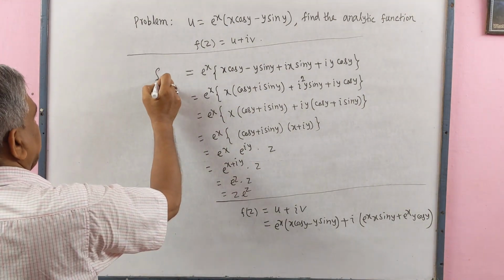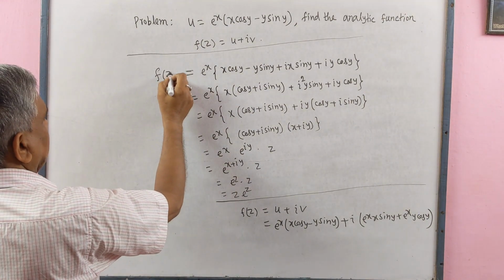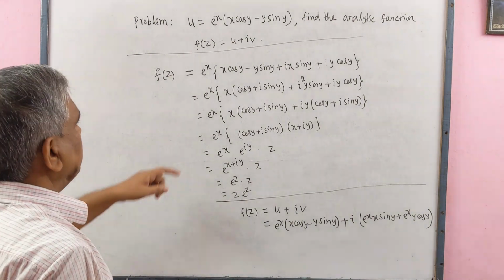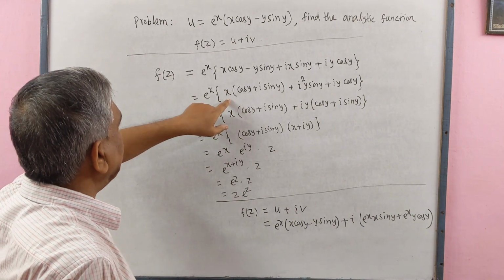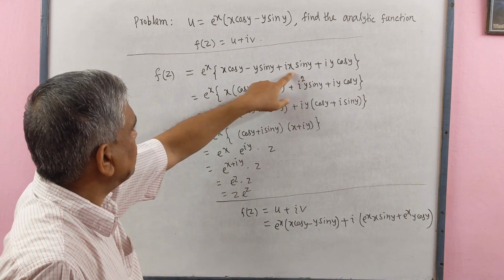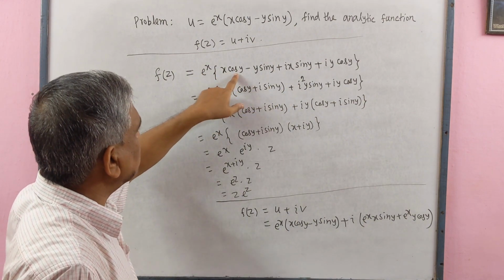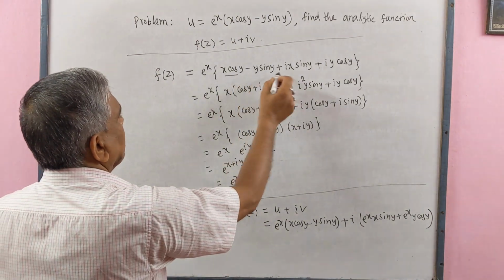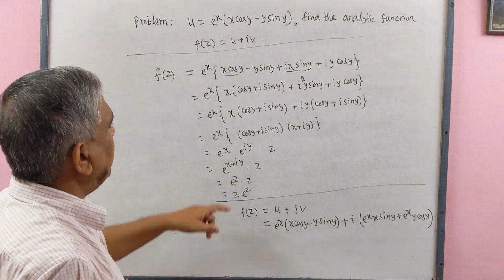So we may write this f(z). Now here we take x common, x cos y, here x common, so here remains cos y, here remains i sin y.